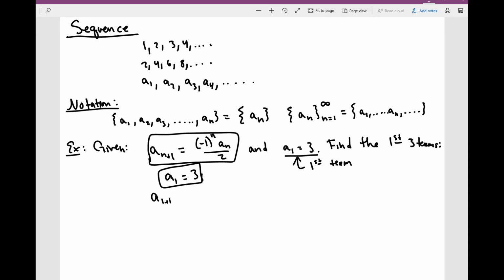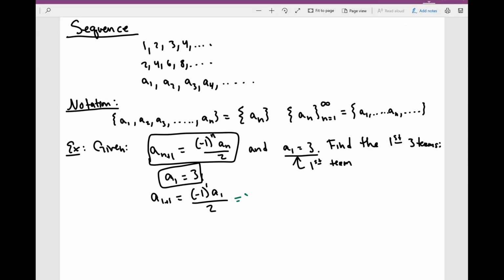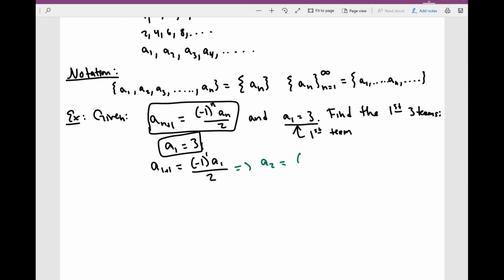A1 plus 1 is equal to negative 1 to the power of 1, A1 divided by 2. This gives me A2, which is negative 1 to the power of 1, with A1 equal to 3, divided by 2. That gives me negative 1 times 3 over 2, which is negative 3 over 2.